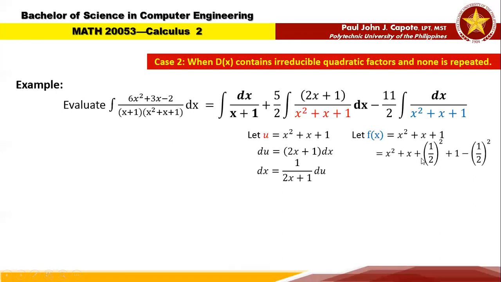We have this. Then we will add this (1/2) raised to the power of 2 and subtract this (1/2) raised to the power of 2 to the last term of the quadratic expression. And then we can express this quadratic expression as a sum or difference of two squares. This is our first square, and this is our second square.